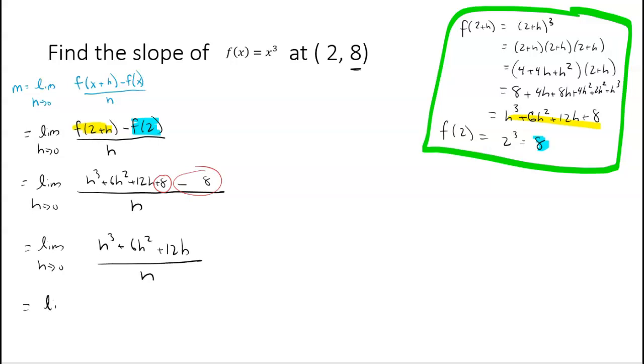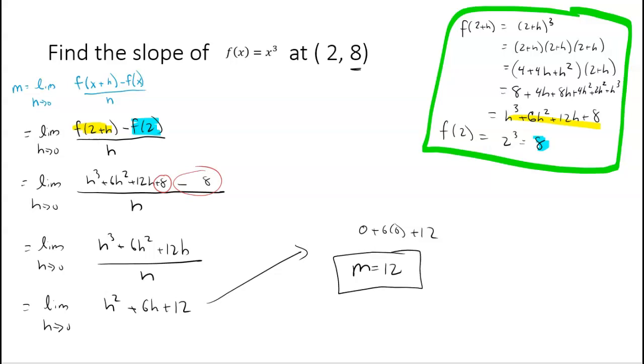The h's are going to cancel away. Finally, I'll be left with h squared plus 6h plus 12. And now I can plug it in. So this will become 0 plus 6 times 0 plus 12. So my slope is just 12. So if you got that answer, great. If you didn't, try to see what you did in your work versus what I just did.